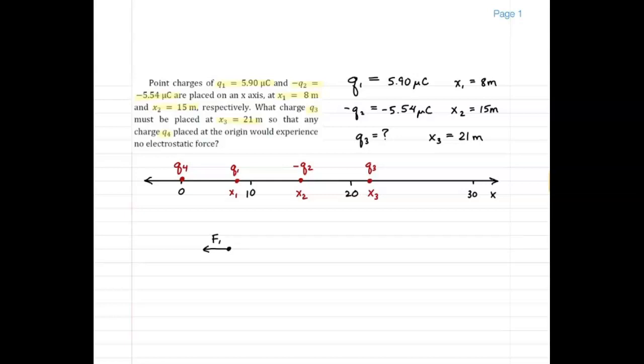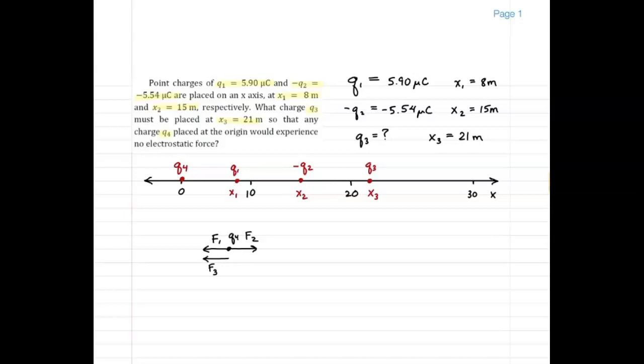And negative Q2, since Q2 is positive again, negative would be a negative charge, which would attract Q4, and so there would be a force from Q2 going to the right. Finally, Q3 is the same sign as Q4, so it would feel a repulsive force, F3, going to the left.